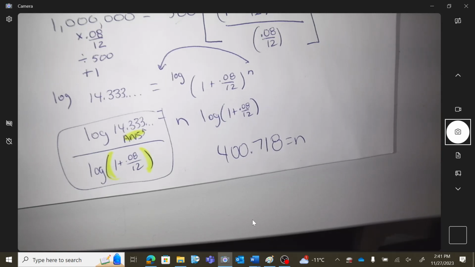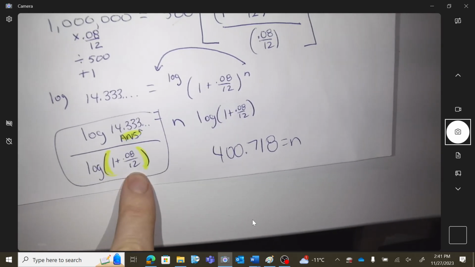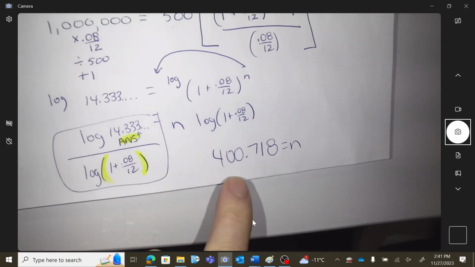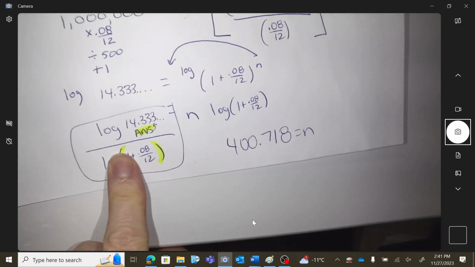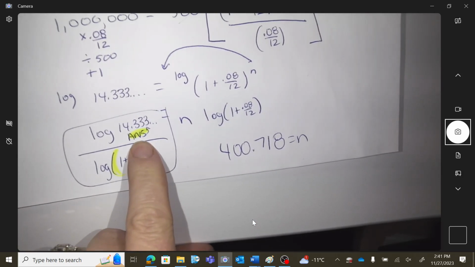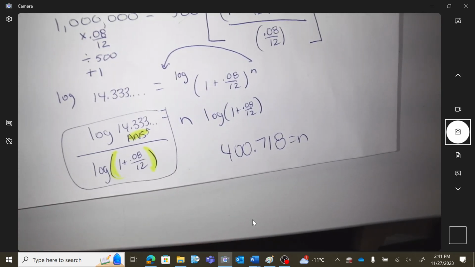Everybody getting that number on their type? I did a log of the answer divided by log of brackets up. You didn't round the 14.33, did you? Yeah. You got to use your previous answer button. Is that what you did? Yeah. Use that answer button.